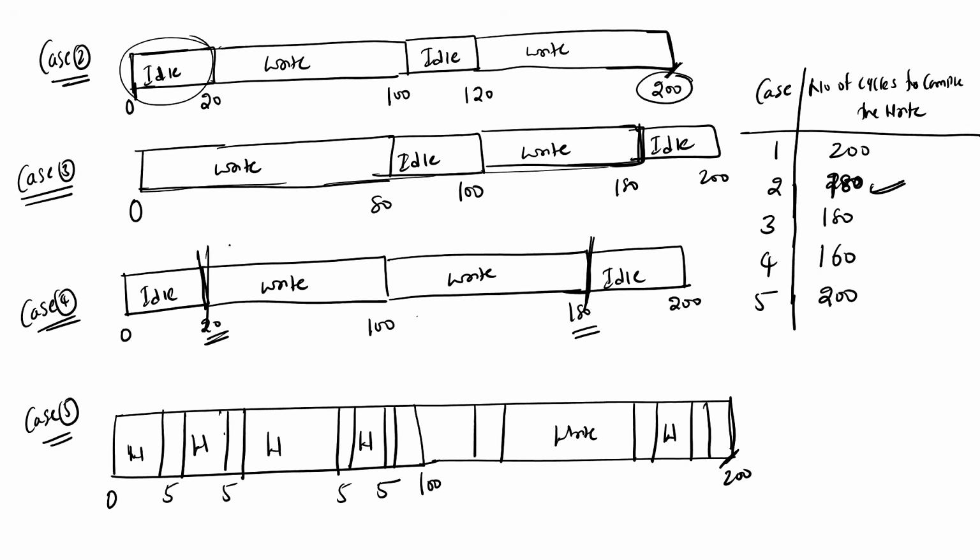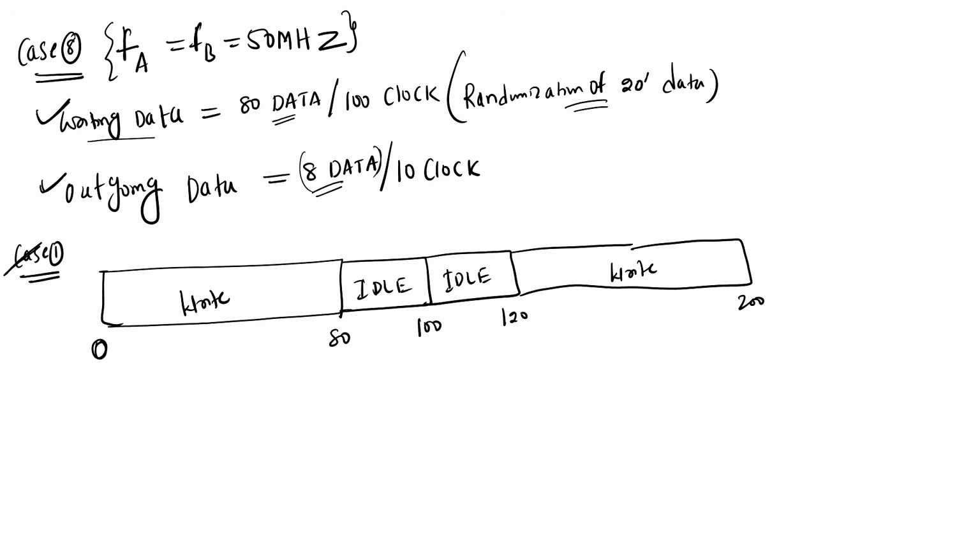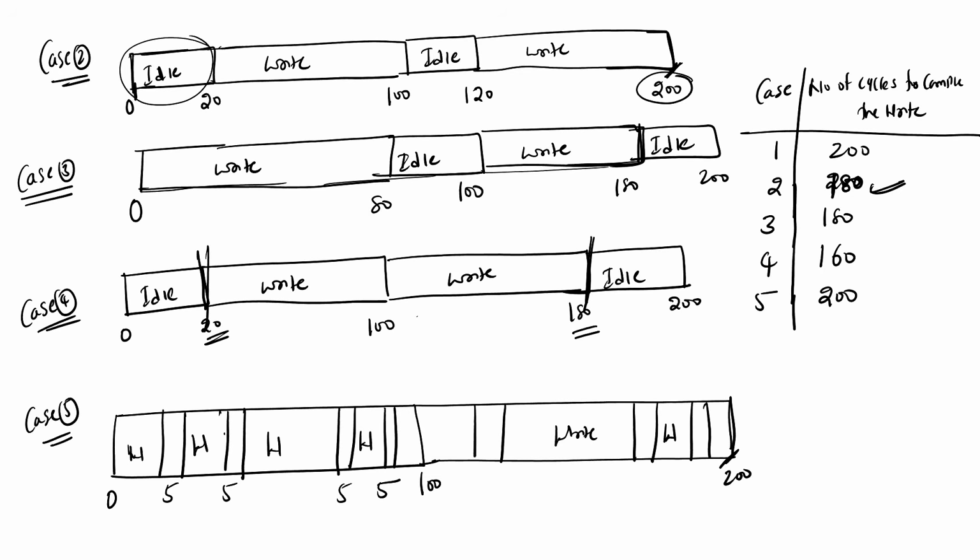Okay, sir. So for considering this, you need to take the worst case. That means the maximum number of data that is lost. So what is the worst case? Among all the cases, case 4, 160.